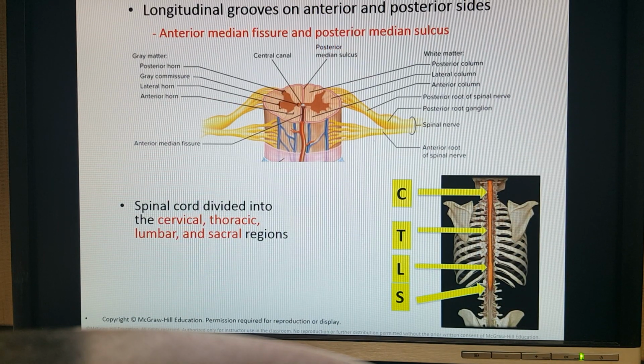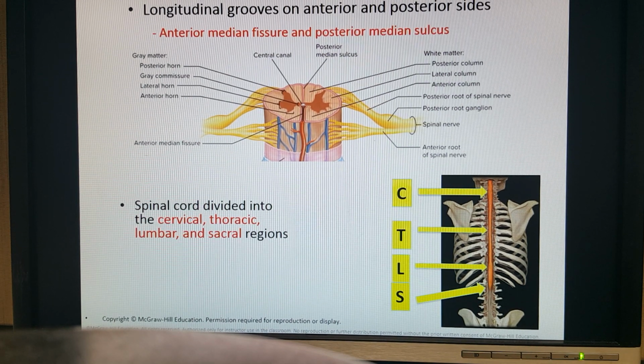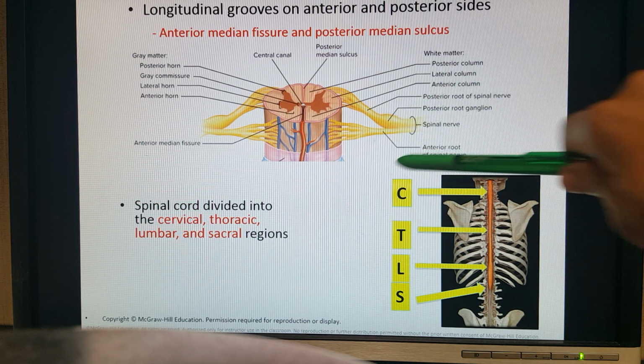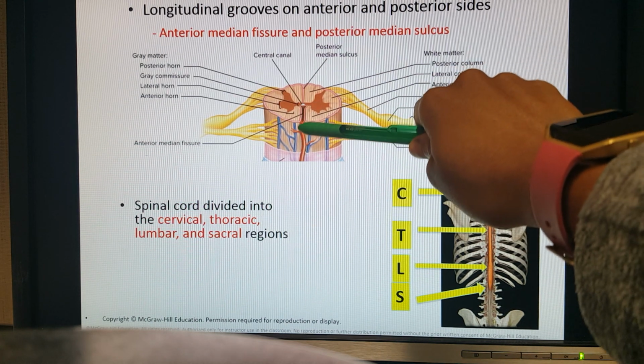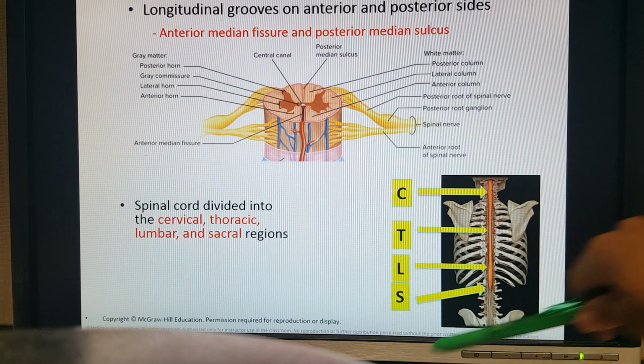So cutting through the middle of our spinal cord, opening it up on the inside. Similar to how we have the right and left hemispheres of the brain, we have right and left halves of our spinal cord. In the anterior region, this little part here, we have our anterior median fissure.